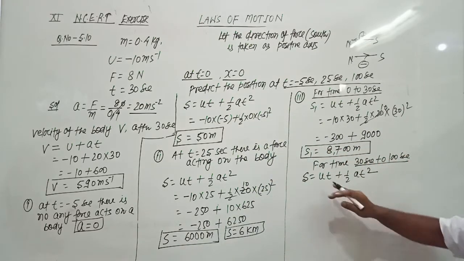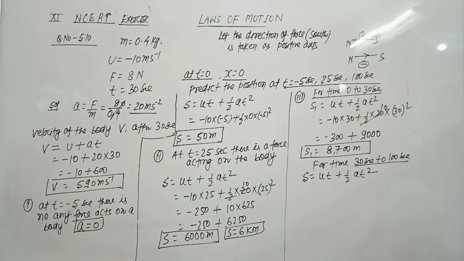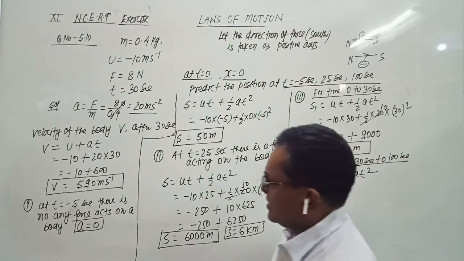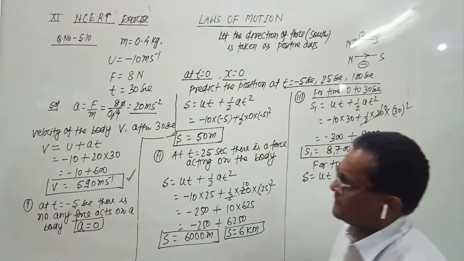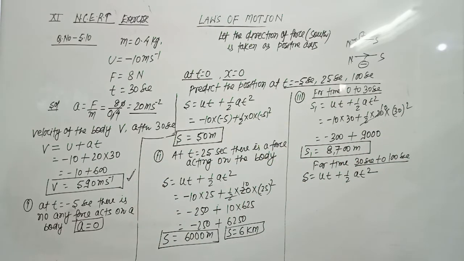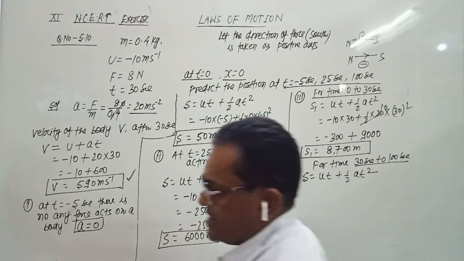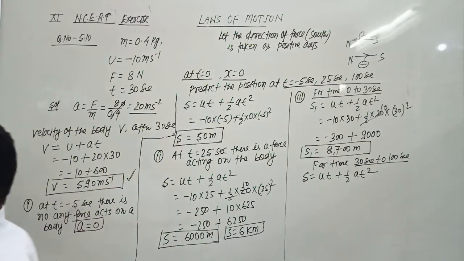But our velocity gets changed because after 30 seconds, the velocity was 590 meter per second. So in place of u, we use 590 meter per second because the velocity has been changed after 30 seconds.